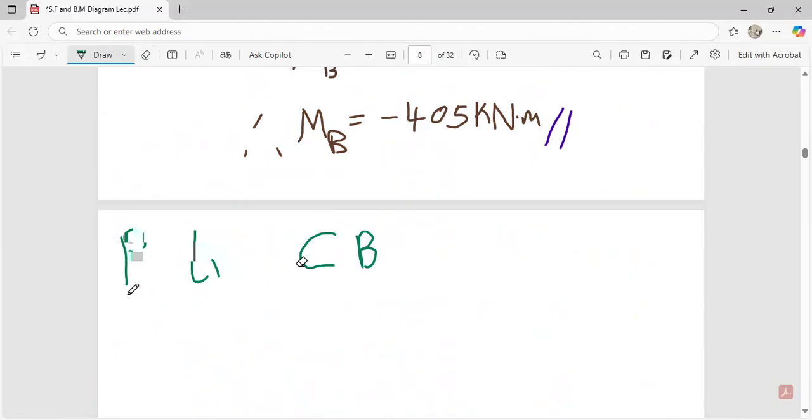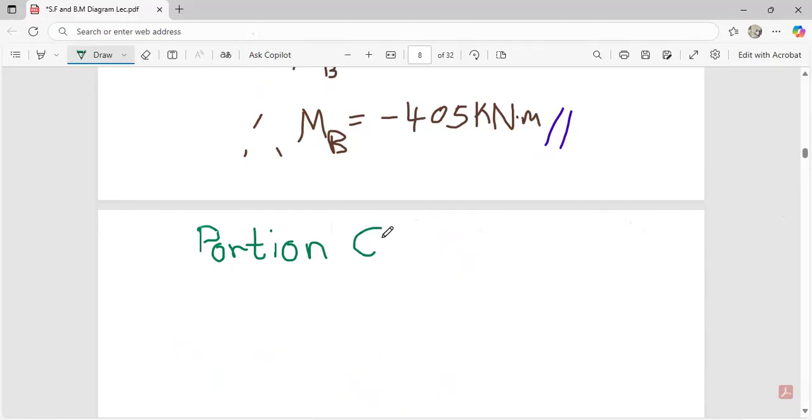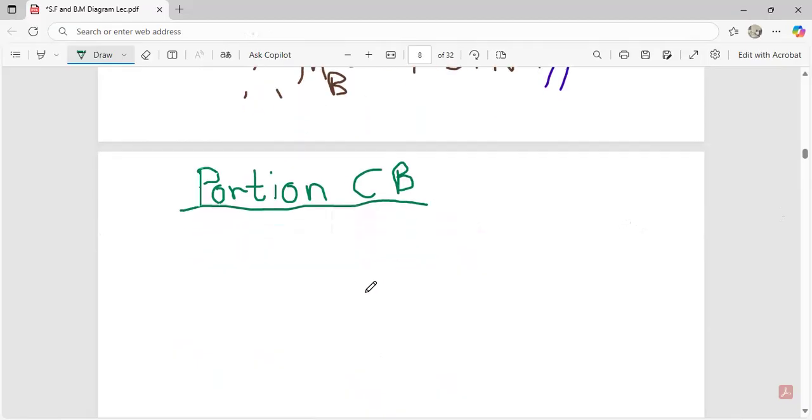Let me quickly take this off and rewrite it well so that life can be much easier. So this is our portion CB. Someone is confused and saying, why am I writing CB instead of BC? All right, with time I will explain to you the reason why I'm writing CB, but not BC.